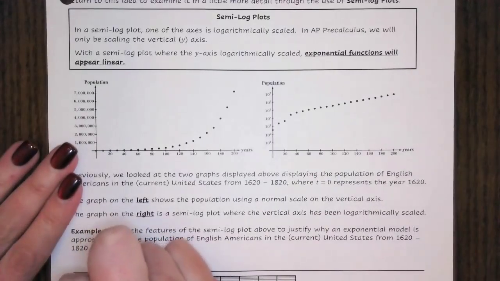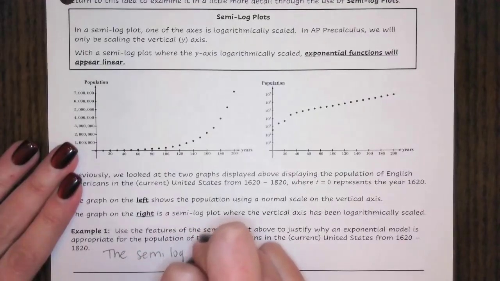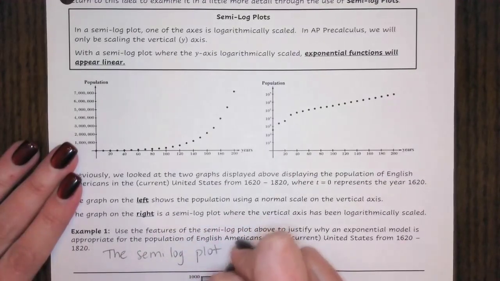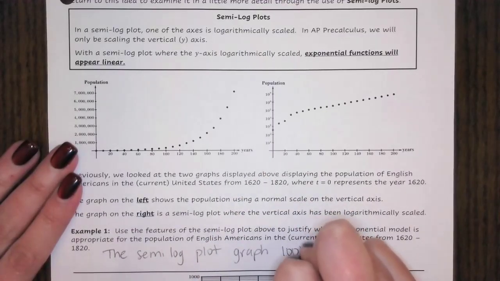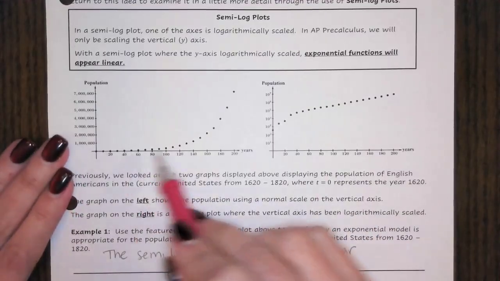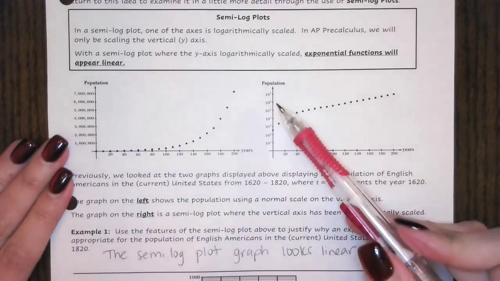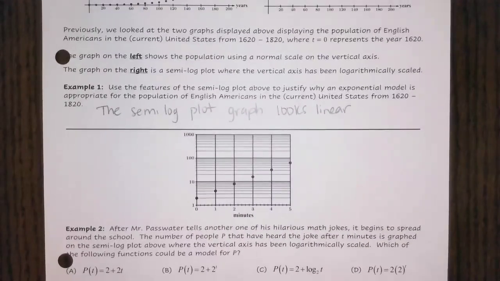So the semi-log plot looks linear. And so that tells us that it is appropriate when you change the exponential to the logarithmic scale and it has that linear look to it. That is a good model. All right, so this next one then says, after Mr.